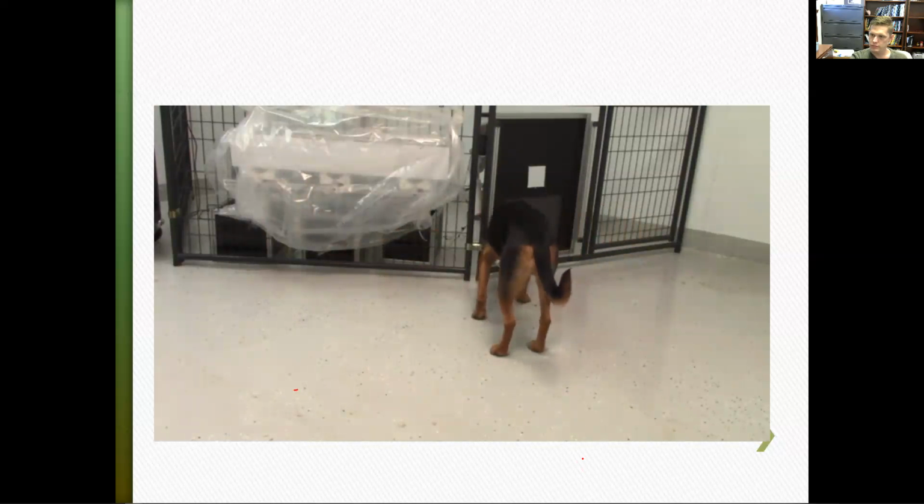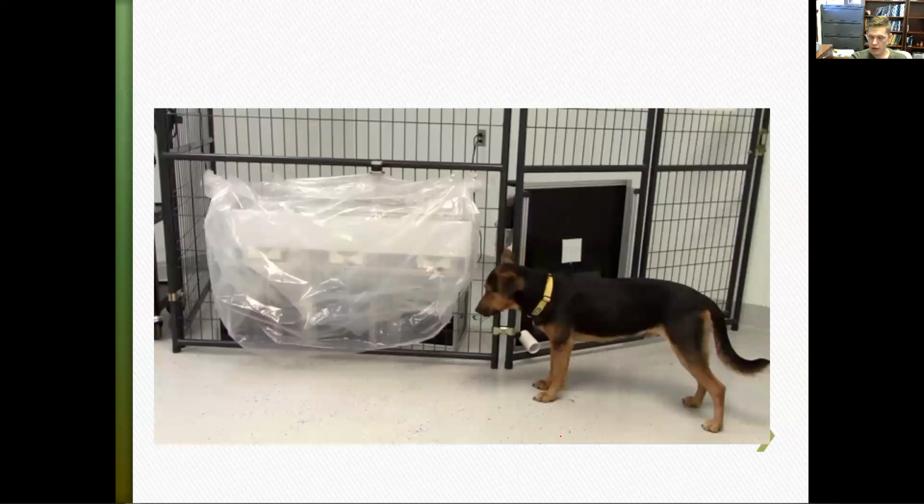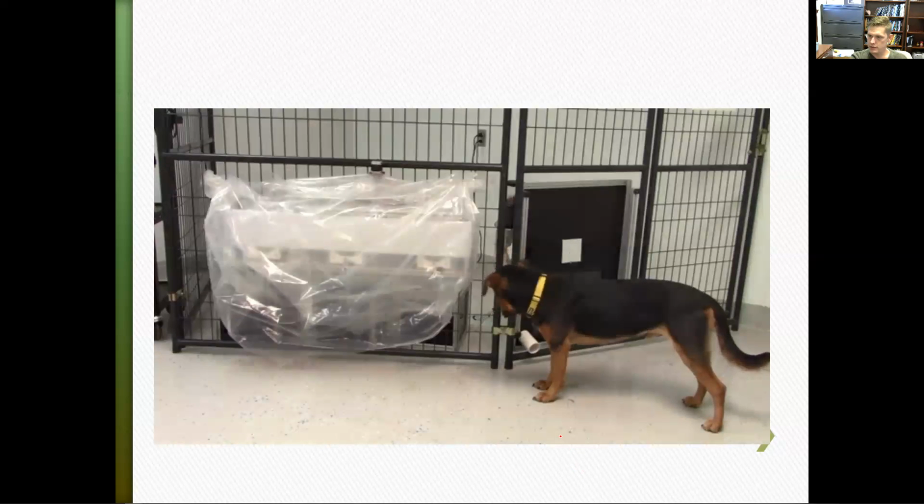More conditioning. Now, after we do a few trials, you see there's more general response towards the feeder area.